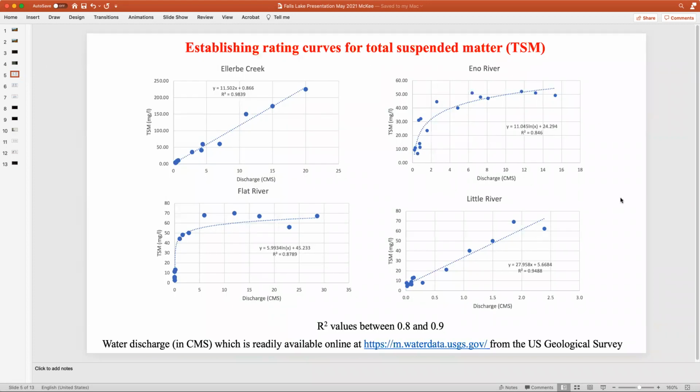So we set up rating curves for discharge versus parameters like total suspended matter here by going out and measuring total suspended matter and then noting the discharge from the USGS at the time in which we collected them. And so in some cases like Ellery Creek and Little River, there is a sort of a linear response to discharge in total suspended matter.